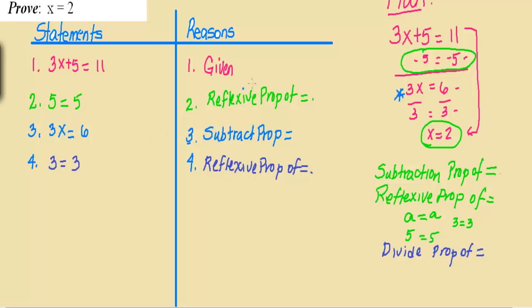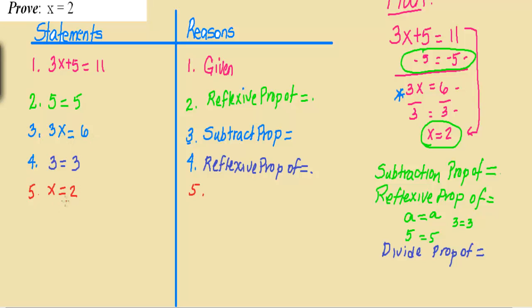So once you've stated that, you can now state, step number 5, that x is equal to 2. Because now, since 3 is equal to 3, and I can divide each side by 3, when I get to that step where I divide, this is what I would end up with when I divide both sides by 3.